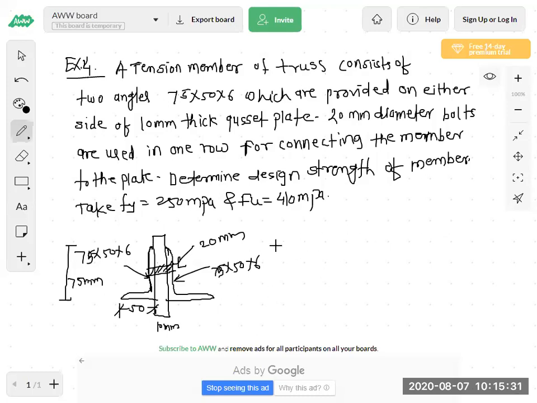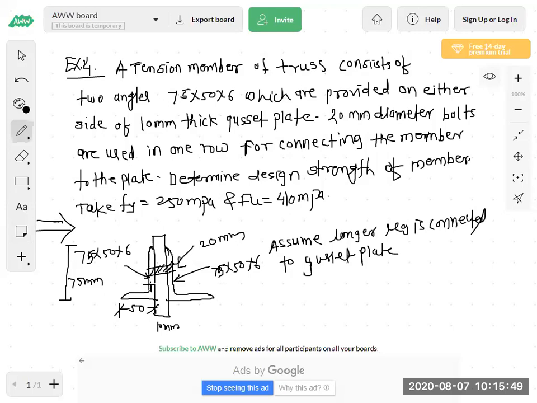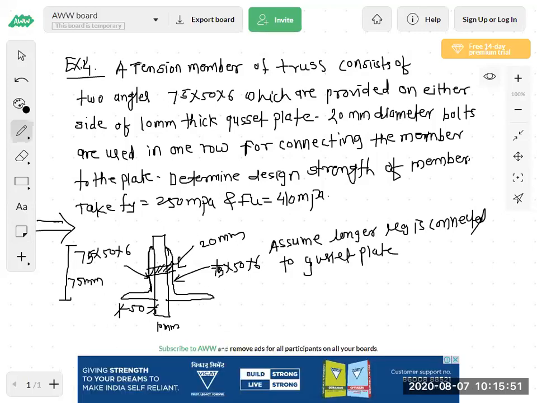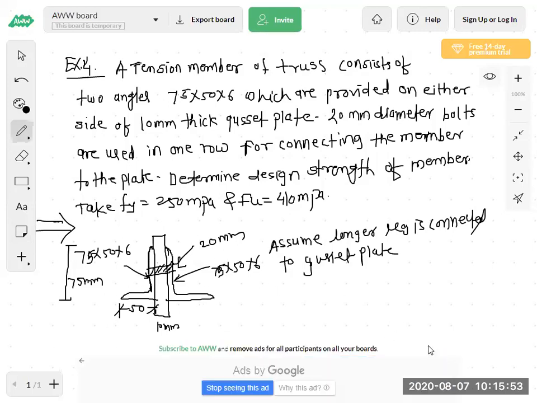You have to write down this sentence here. From here our solution will start, because they have not given the figure. That figure we have drawn. Are you getting? So everyone clear this figure.